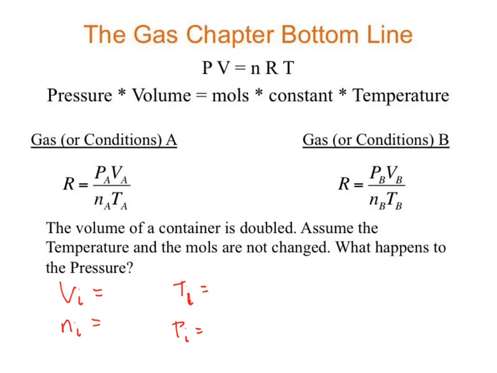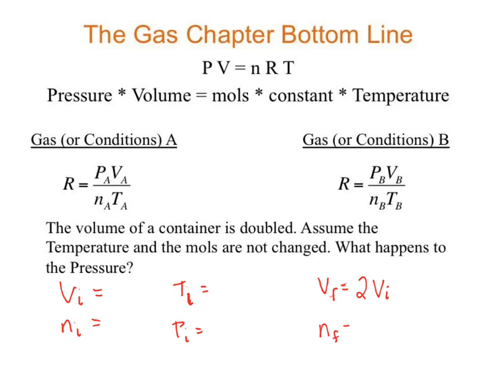We are told that our final volume is what? Doubled from our initial. So how do I show that mathematically? 2 times my initial volume.